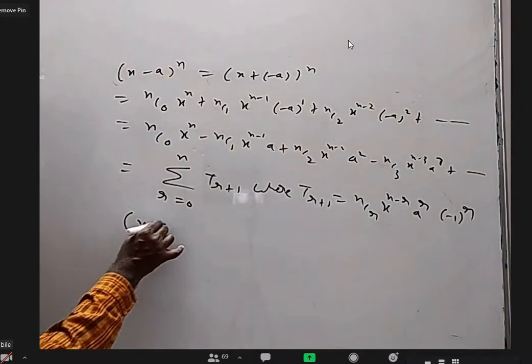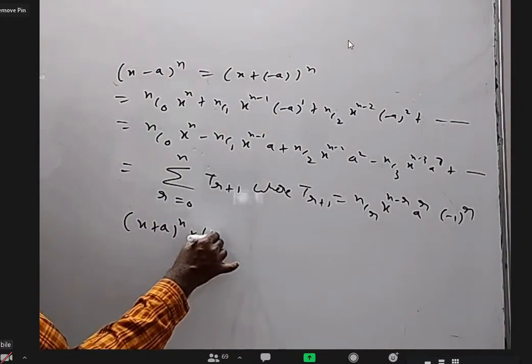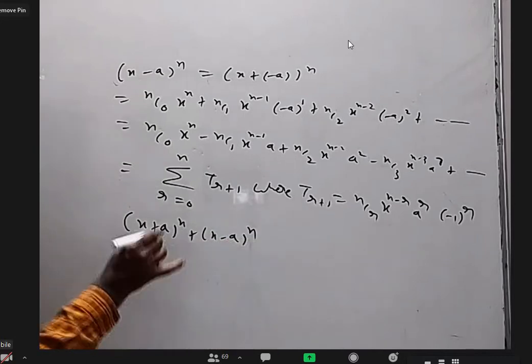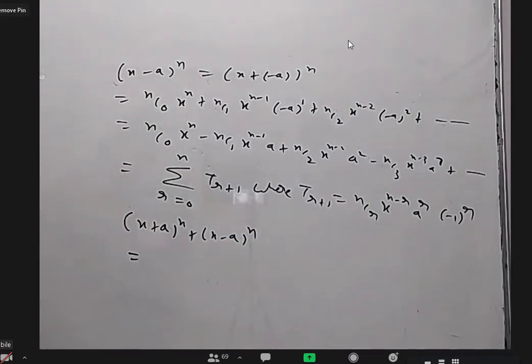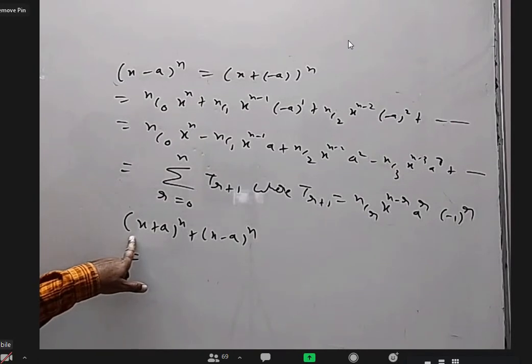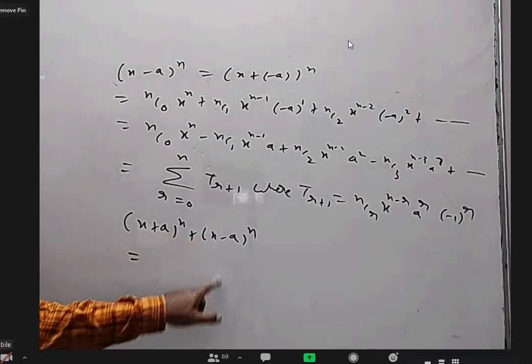So now coming to x plus a whole power n plus x minus a whole power n. Sometimes terms will get cancelled, right? What is the very first term in this expansion? nC0 x power n. In this also nC0 x power n.